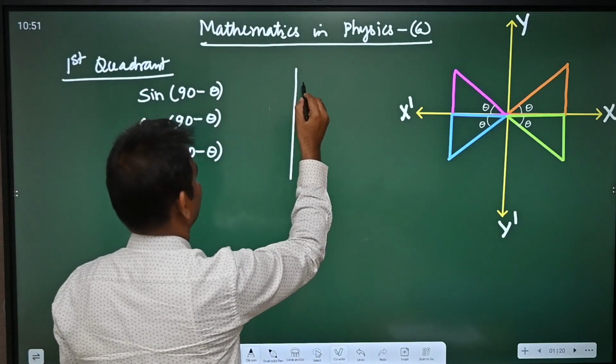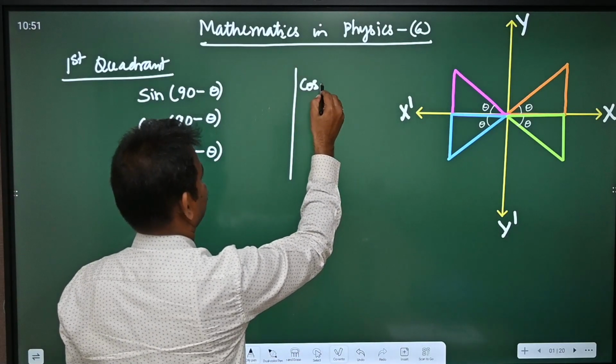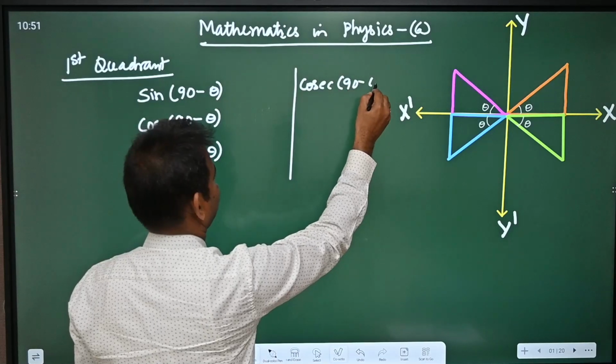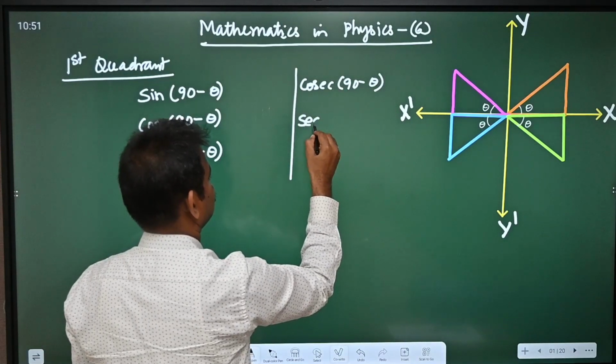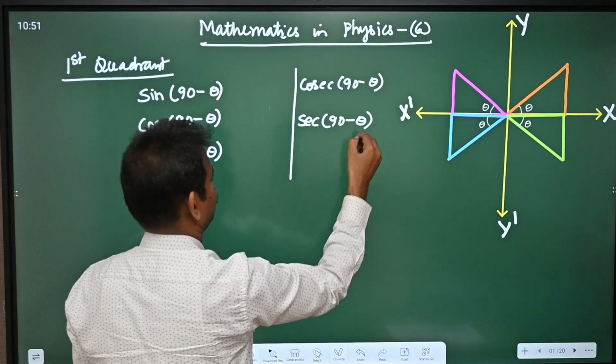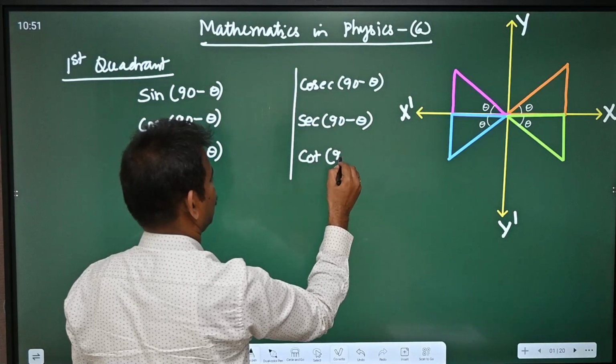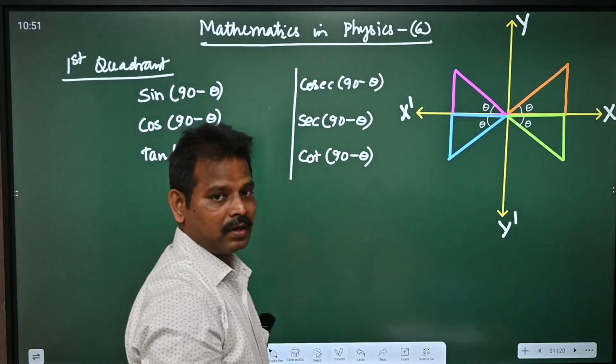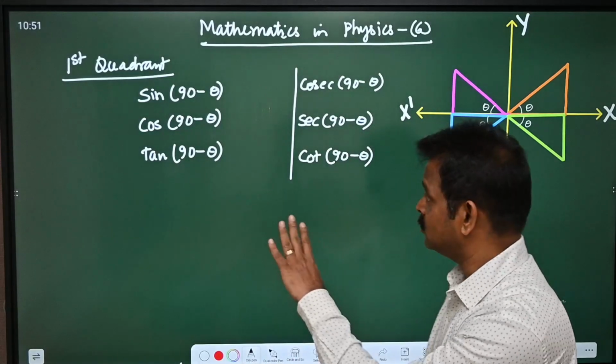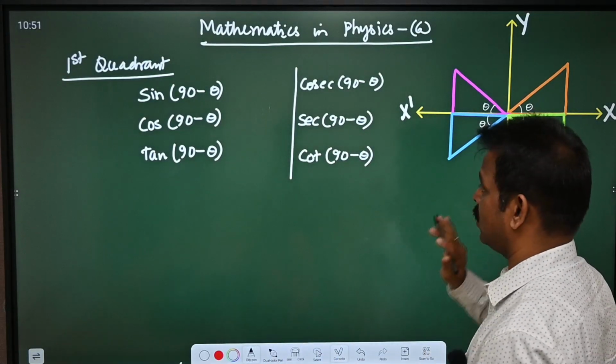Similarly, cosecant 90 minus theta, secant 90 minus theta, cot 90 minus theta. These are the values. All these values will lie in the first quadrant.